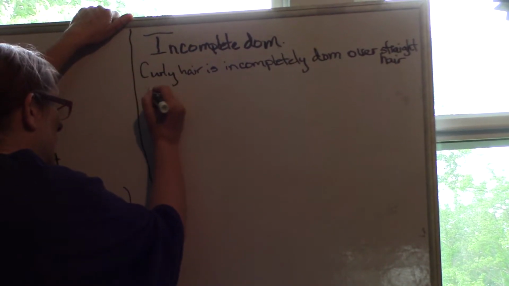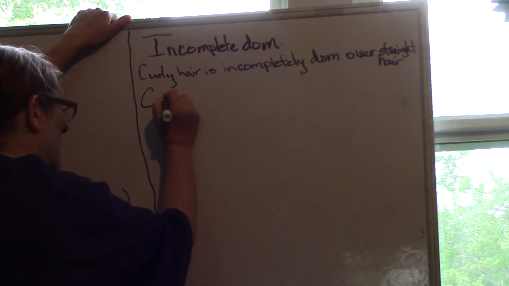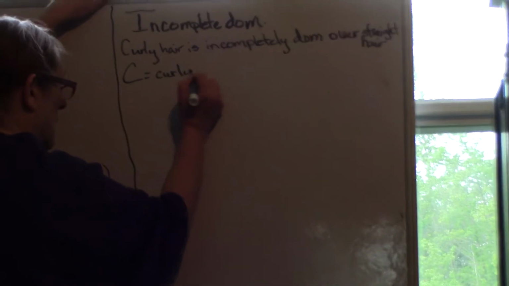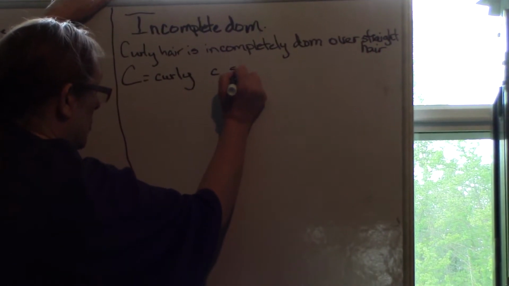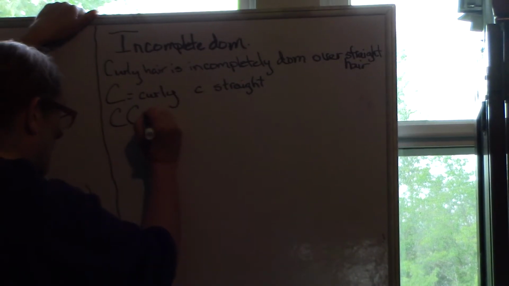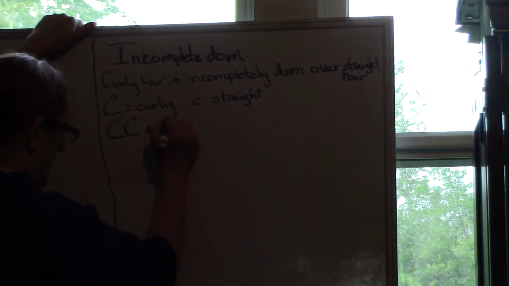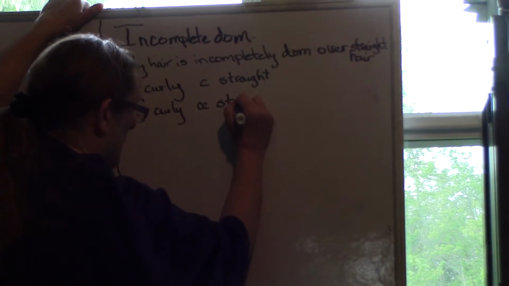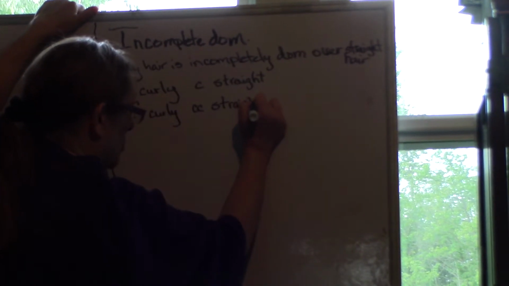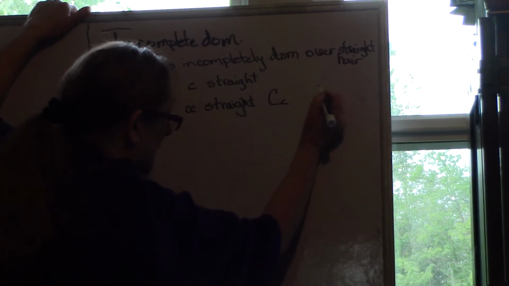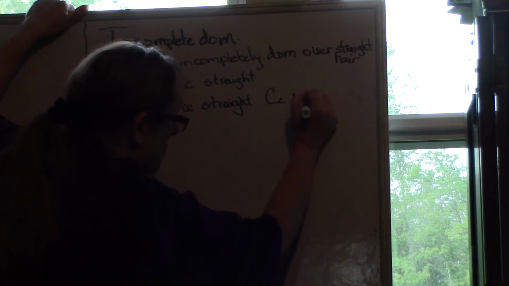And we have big C is for curly, and little c is for straight. So big C is curly, little c is straight, but we have a unique phenotype for our heterozygote, so that big C little c has wavy hair.